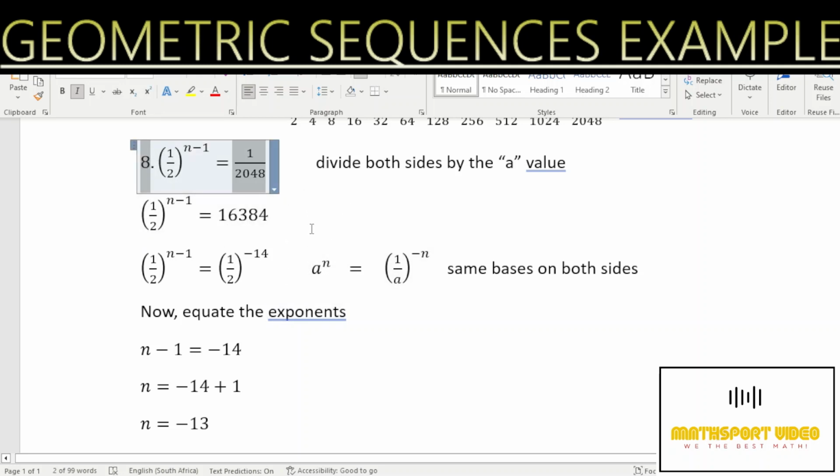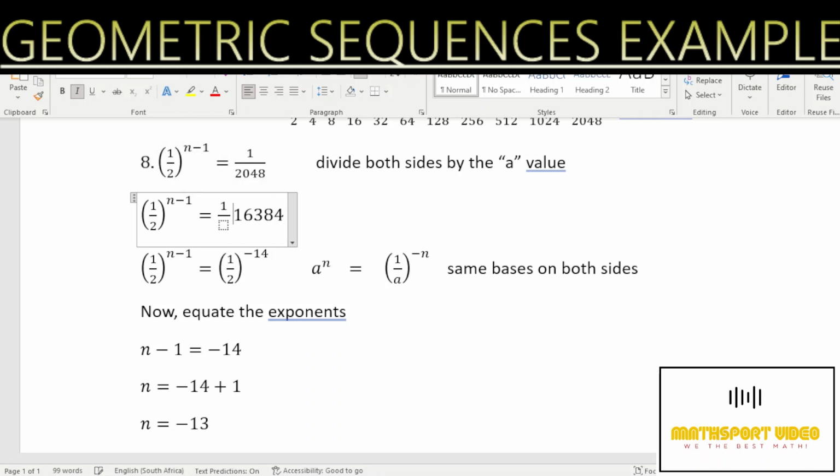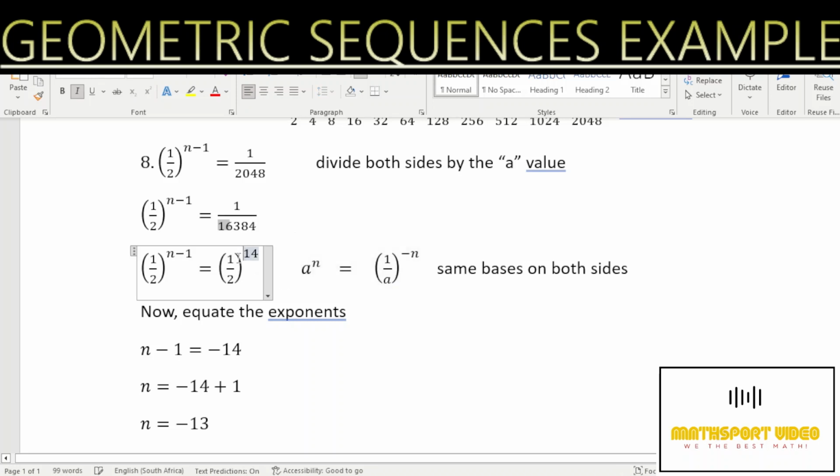Okay, so that is then giving me not 16,384. Must be careful here. It's actually 1 over that. Okay, so it's 1 over 16,384. There's the error.